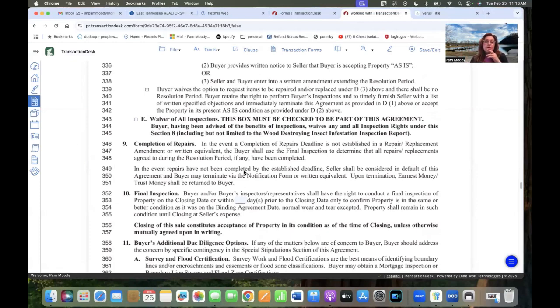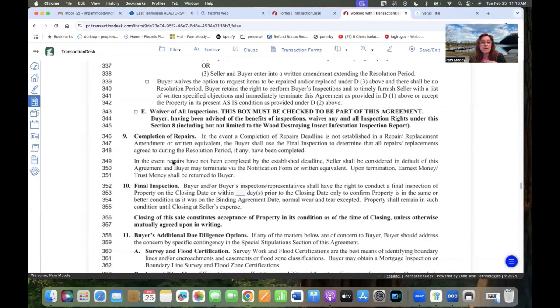In the event repairs have not been completed by the established deadline, seller shall be considered in default of this agreement, and buyer may terminate via the notification form. Upon termination, earnest money, trust money shall be returned to buyer. So we go to our final inspection 2 days before, nothing's been done. You can walk away from this house and get your earnest money back.